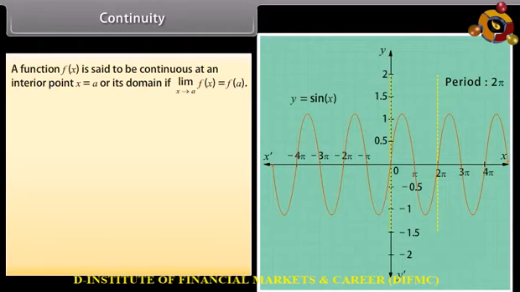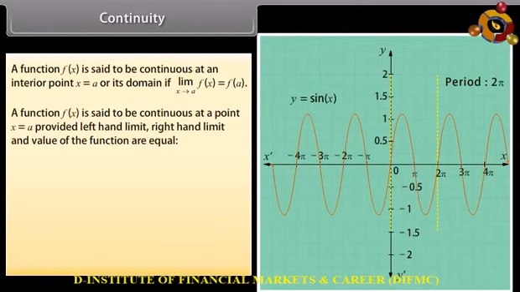In other words, a function f(x) is said to be continuous at a point x = a, provided left-hand limit, right-hand limit and the value of function are equal. Limit h approaches 0 of f(a - h) is equal to limit h approaches 0 of f(a + h) is equal to f(a).